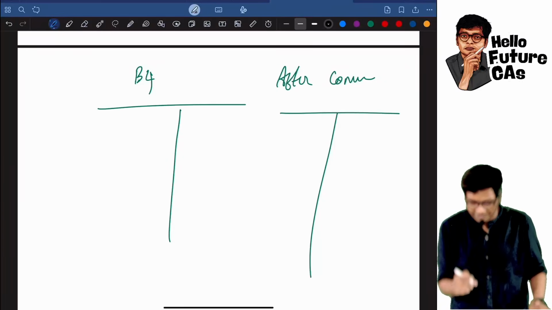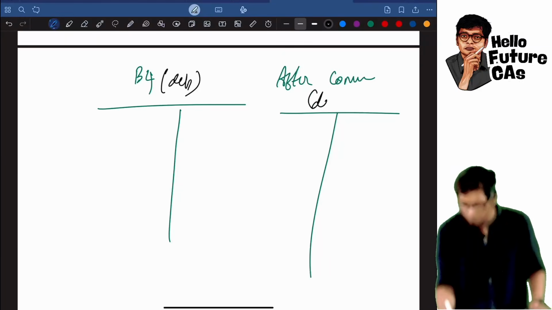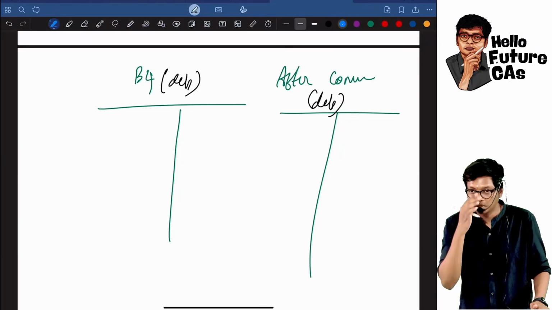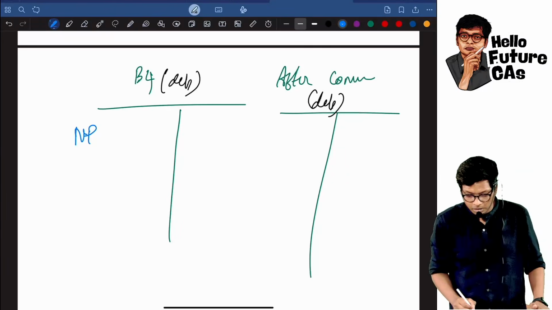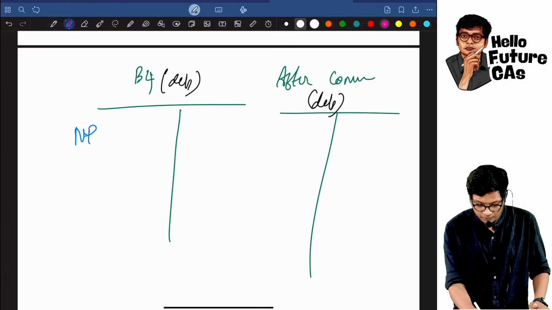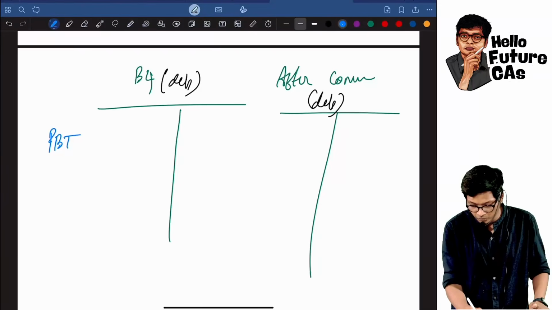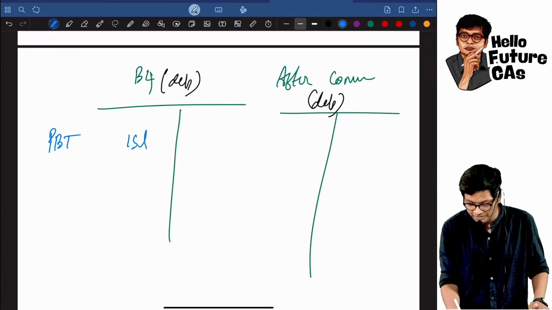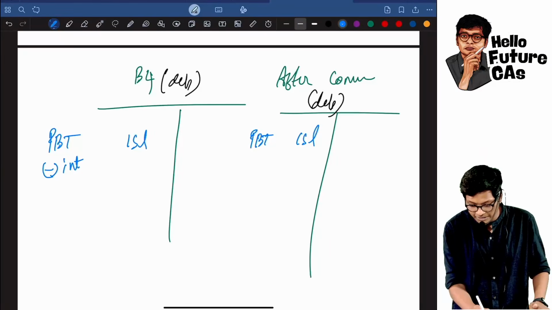Okay. Now let's say before debentures are converted, and after debentures are converted. Before conversion, let's say profit before taxes is, for example, 15 lakhs. Here also profit before taxes is 15 lakhs. Less interest. Here interest will be 2 lakhs.